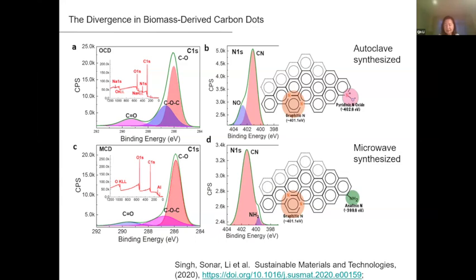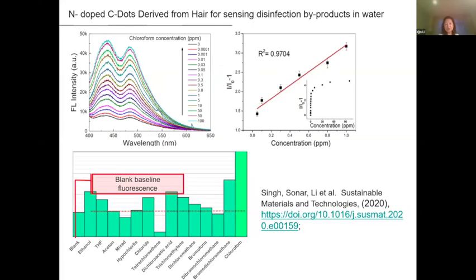And these hair-derived carbon dots turn out to be selectively responsive to chloroform, with a detection limit below 3 ppb, parts per billion.